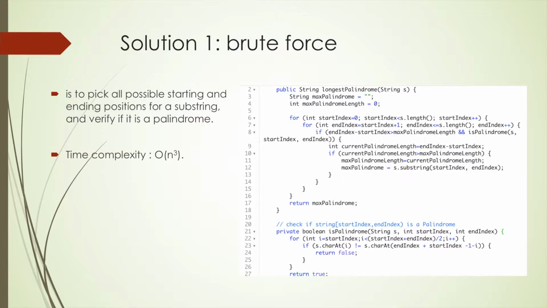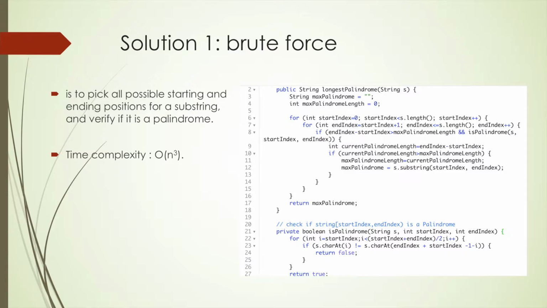For a string whose length is n, we can find all the substrings and then check if each is a palindrome. Finding the start index and end index of all possible substrings takes 2 iterations.